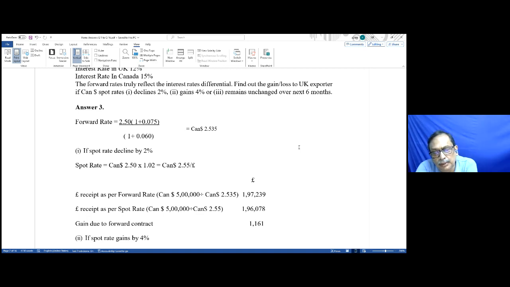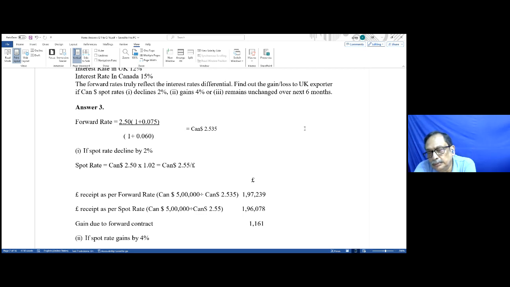Then pound receipt as per spot rate, that is Canadian dollar 5 lakhs divided by Canadian dollar 2.55.